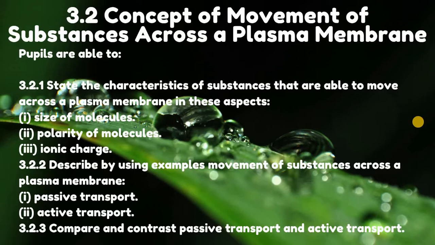Number two, describe by using examples movement of substances across a plasma membrane, first by passive transport and second by active transport. And number three, compare and contrast passive transport and active transport. That is our learning standards for today.